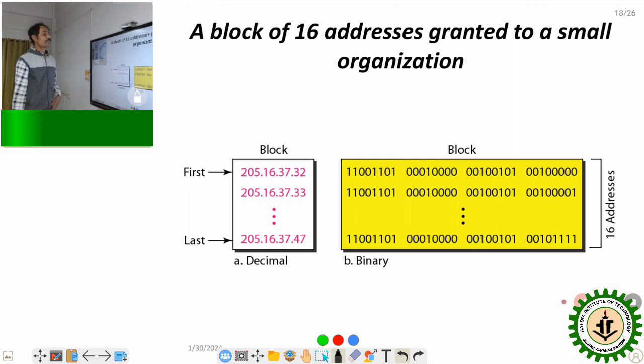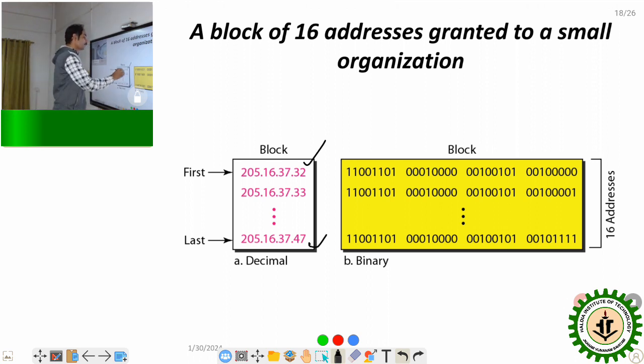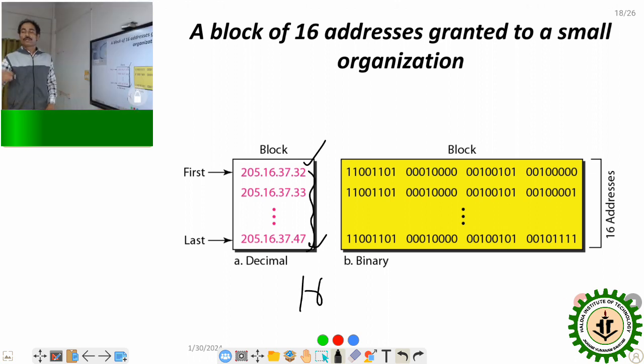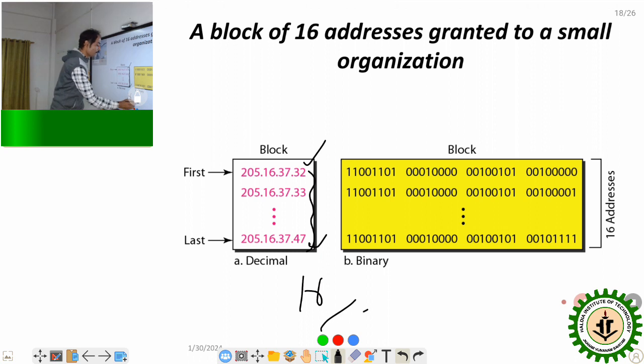And here is the pictorial representation of whatever I have derived till now for the given example. This is the first address, this is the last address, and if you count 32 to 47, it is 16. We know 2 to the power 32 minus 28 is 2 to the power 4, which is 16. So there are 16 addresses in the block.